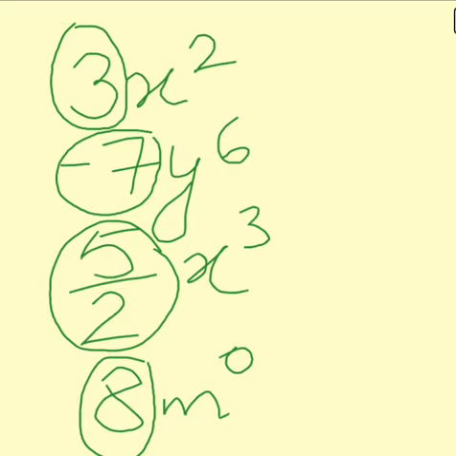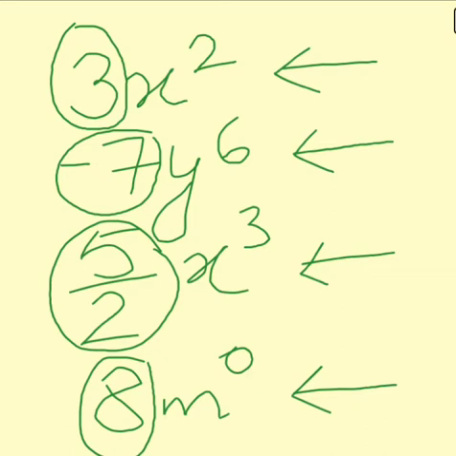So all these numbers are called coefficients. 3 is the coefficient of x in the first example, minus 7 is the coefficient of y in the second example. Similarly, 5 by 2 is the coefficient of x here and 8 is the coefficient of m. They are kept before the letters.